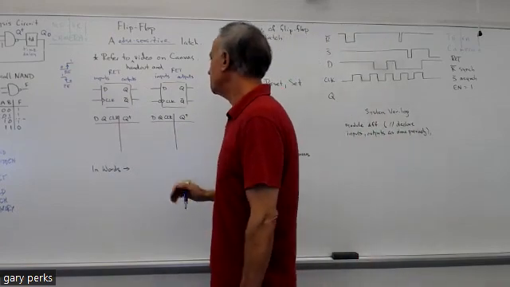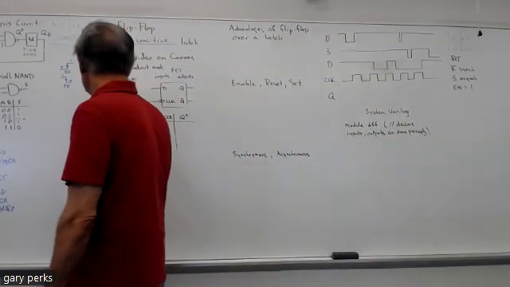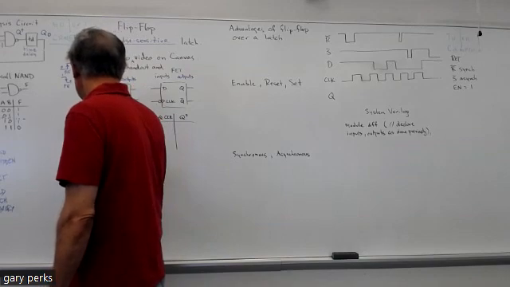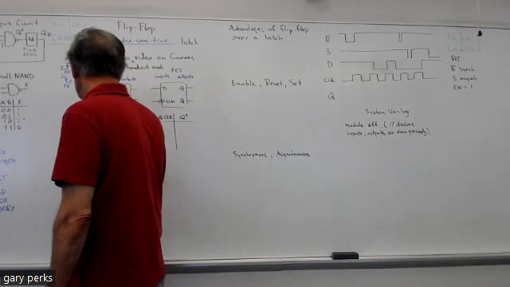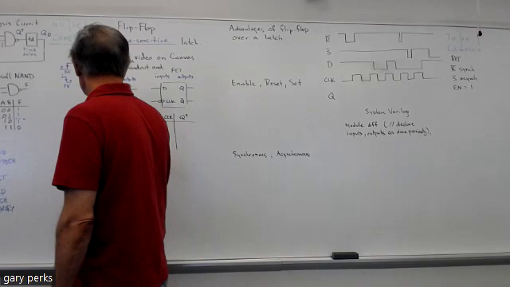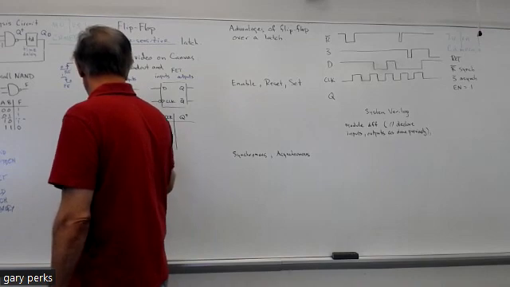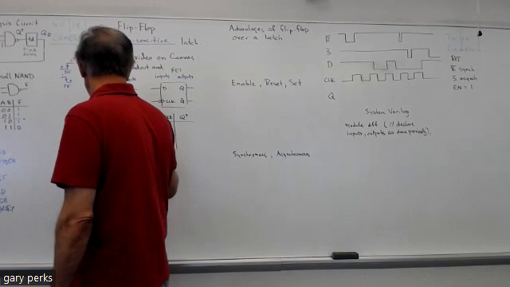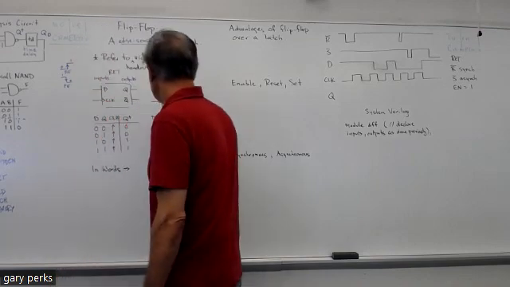Now, we got the two different truth tables, and let me go ahead and fill them out, and then I will explain that. So here, this is rising. Like I said, I'm filling this out.